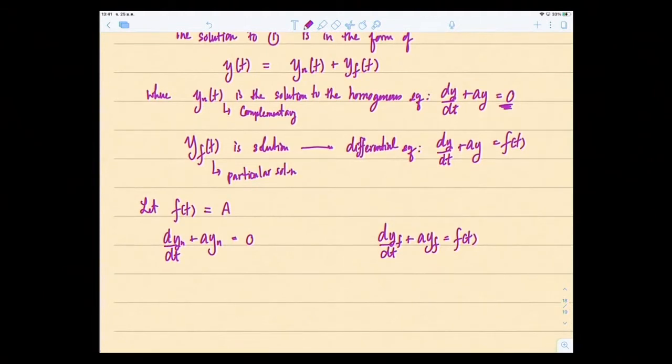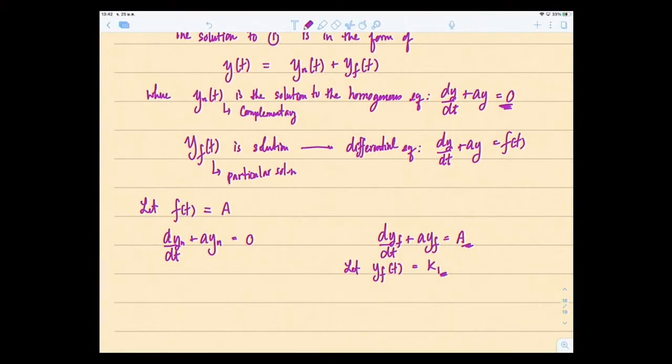Let's start with yf(t) first. I'm just going to jump into the solution. Later on I'm going to give you a table of what to try for the yf solution. In this case I'm going to let yf(t) equal a constant k1. If f(t) is a constant, we assume our solution yf is also a constant.